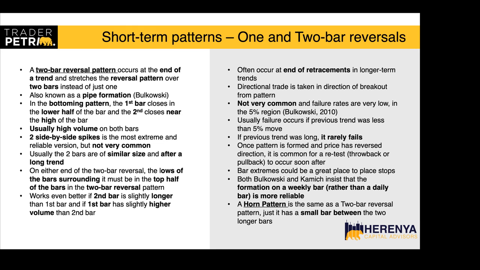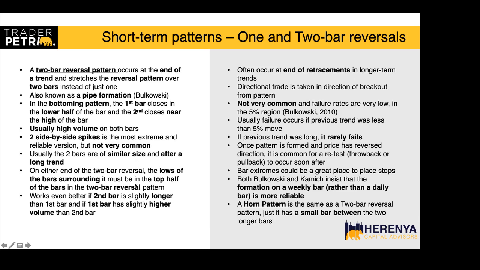If you get 2 side-by-side spikes, this is obviously the most extreme, also the most reliable version of the formation, but it's really not very common at all. Usually you have 2 bars that are just of similar size and come after a relatively long trend, right? Obviously, in the case of a topping pattern, it is the opposite way around to this bottoming pattern.